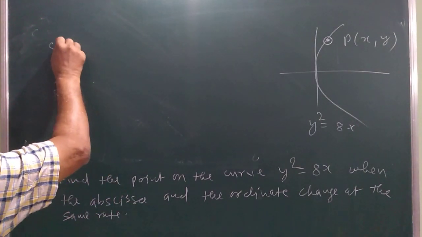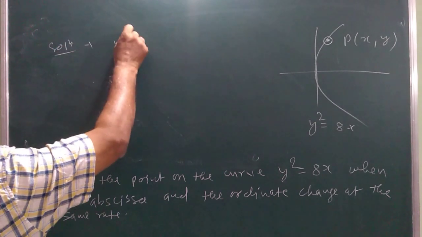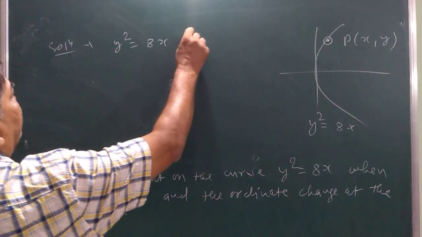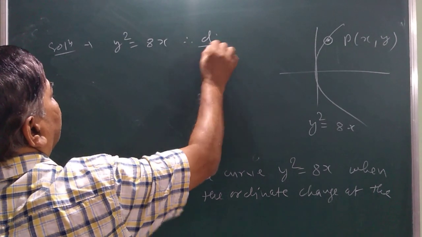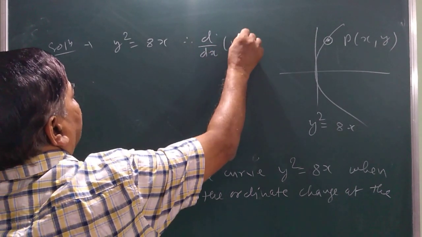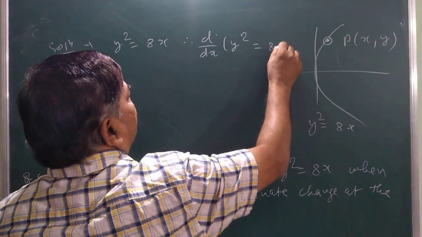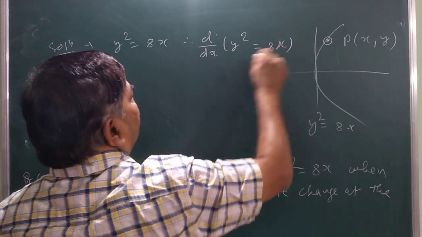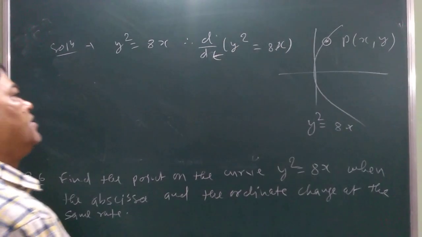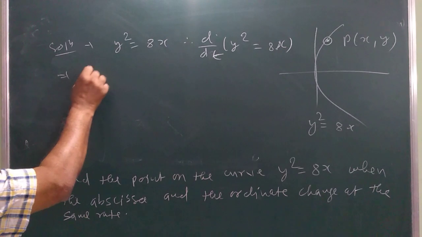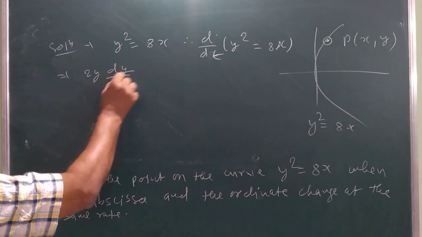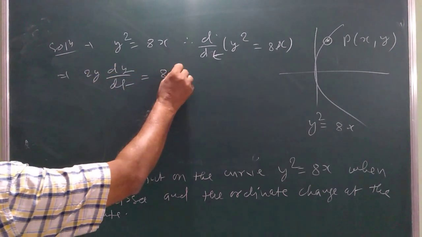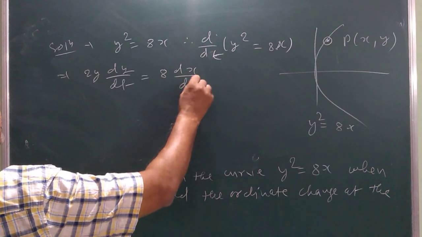So solution, y square is equal to 8x. Taking the derivative of this function with respect to time t, this is your 2y dy by dt is equal to 8 dx by dt.